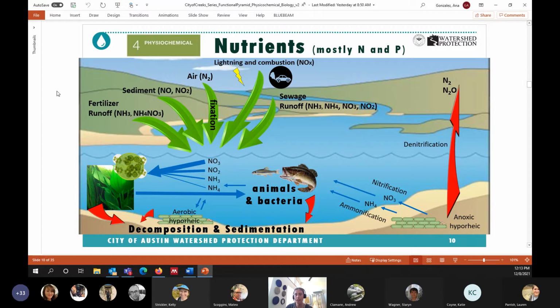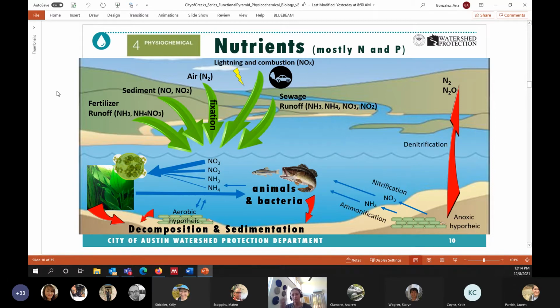Part of that denitrification releases nitrogen back into the atmosphere in an unusable form. Not all of it, but some of it. It also produces oxides. And that is a net loss. The N2 is actually a net loss of nitrogen from our system. So that is a really important component when we're thinking about the function of our watersheds.